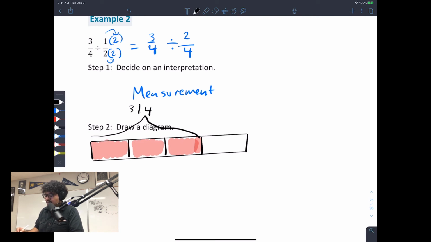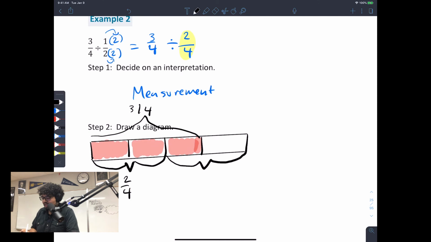So now I need to break them into groups of 2/4. Okay, so then I grab the first 2. 1, 2. That is 2 out of 4. And then the next group, 1, 2.